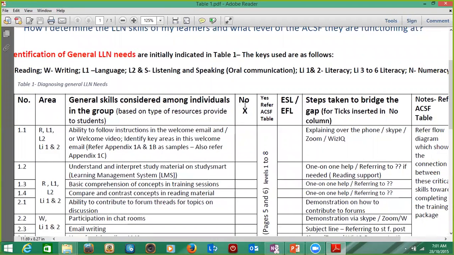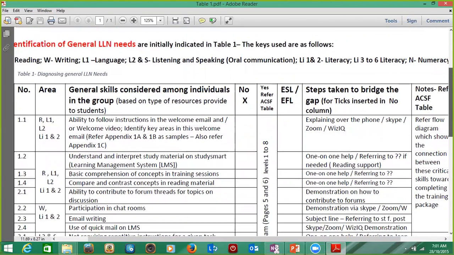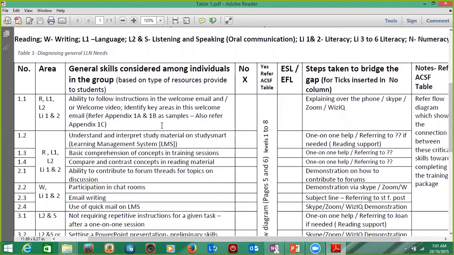Then I have a column to say whether a student has this skill, yes or no. If it is no, then there must be a method of bridging the gap, so I have another column for steps taken to bridge the gap. I also have some connection to other resources. I'll come back to that. So let's start with the very first stage.